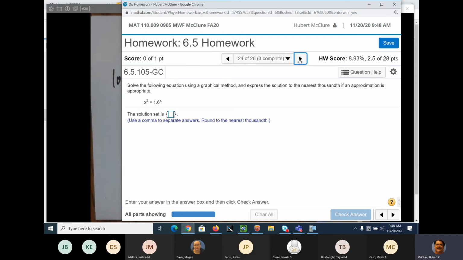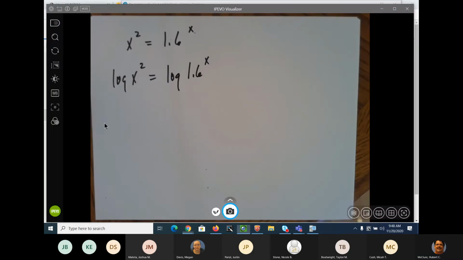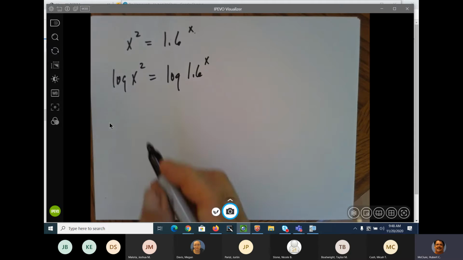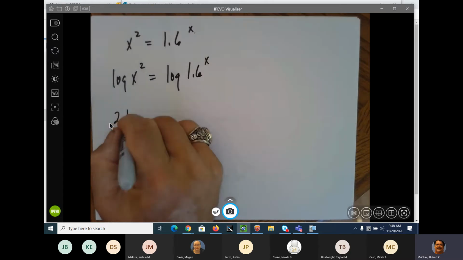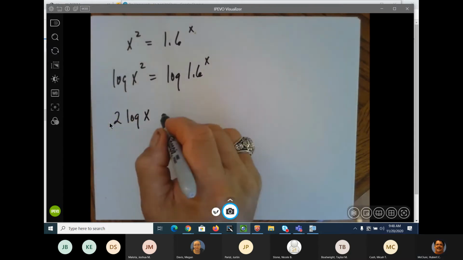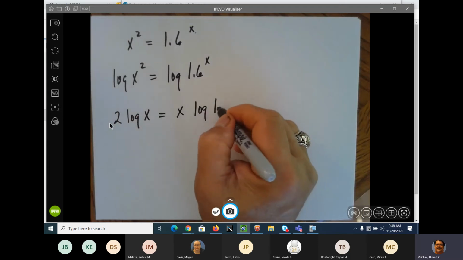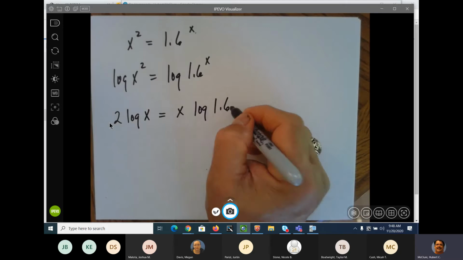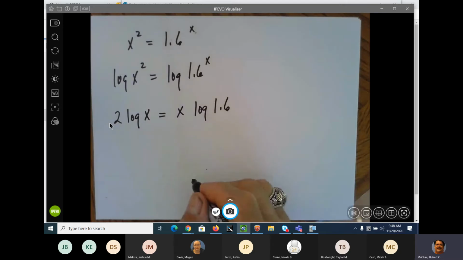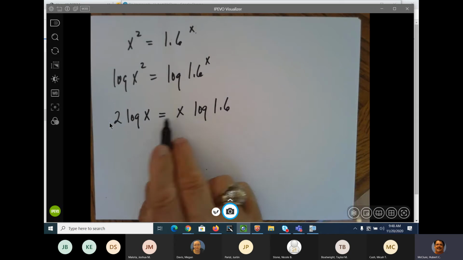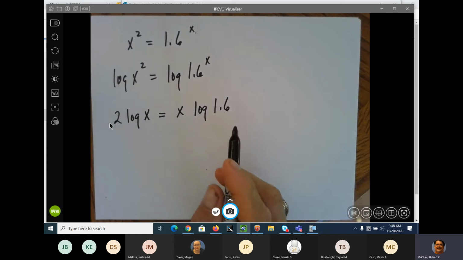Using the power rule, you get 2 log of x. That log of x bothers me. Equals x log of 1.6. And see, that's not really going to help because we've got x here and x here. That's not going to help.